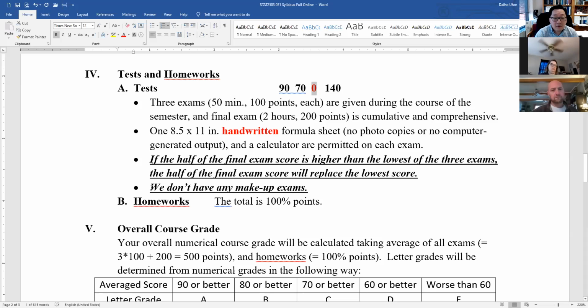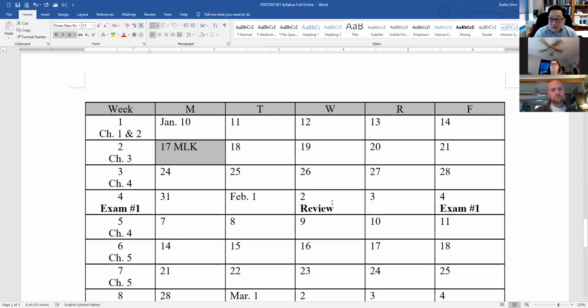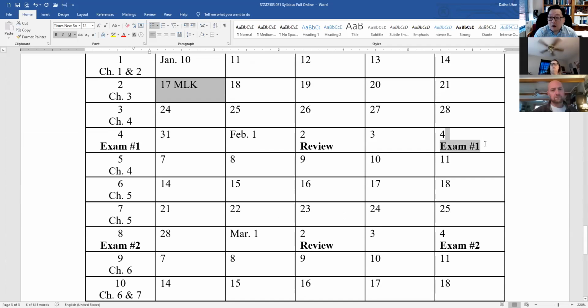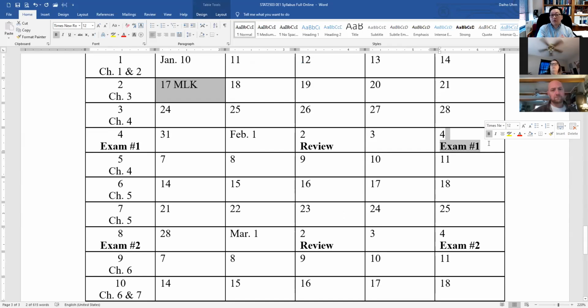So now here, we don't have any makeup exam. If you miss the exam, you just missed it. But for example, on Friday, the 4th of February, we are going to take the first exam, but for some reason you have a schedule conflict on Friday and cannot take the exam then, absolutely you can take the exam earlier.